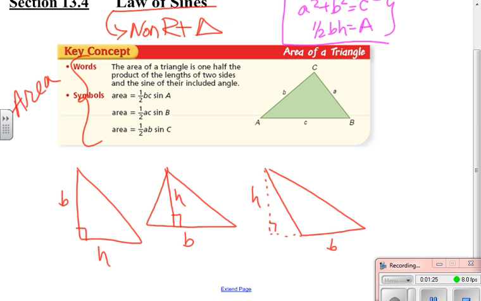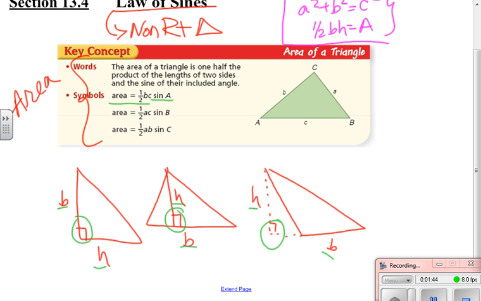And we always went ahead and looked for that right angle, and those two dimensions that made that right angle were what we used. Well, if we don't have that 90-degree angle, we haven't been able to do it until we get this sine business.